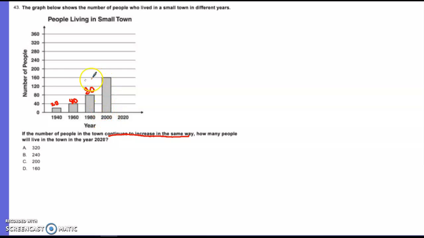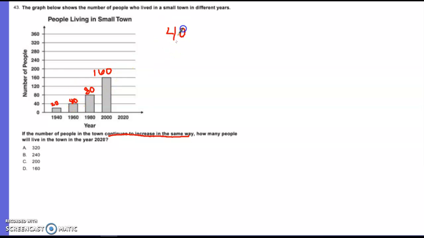In the year 2000, there were 160 people there. So, let's see what this pattern is. 20 plus 20 does equal 40, but if I add another 20 to 40, it only gives me 60. But what I notice, this is the kind of pattern I want to think of, is that 20 times 2 is 40. 40 times 2, or 40 plus 40, is 80.